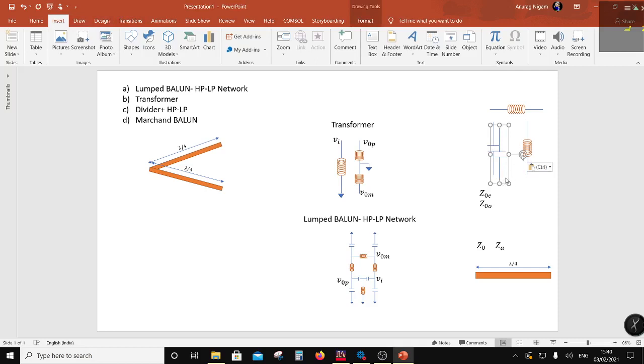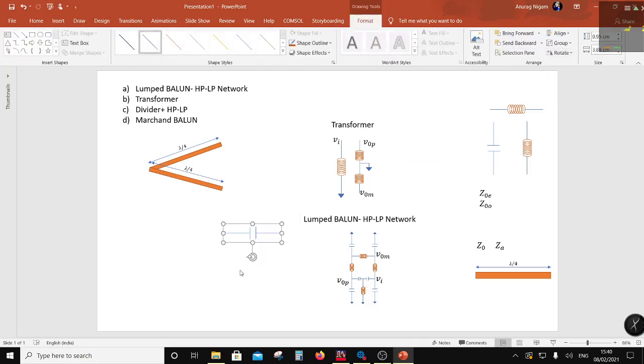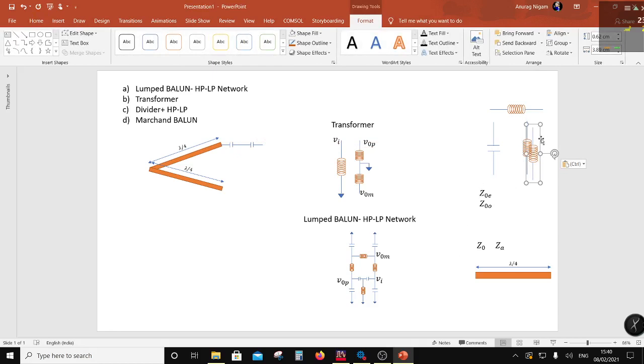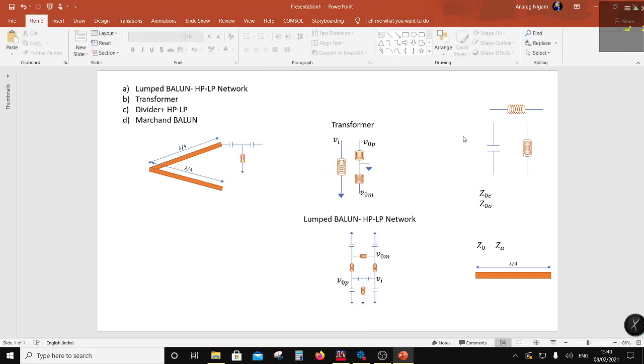So you can do this. So that will be your high pass network, correct? And then you can have a low pass network, right?